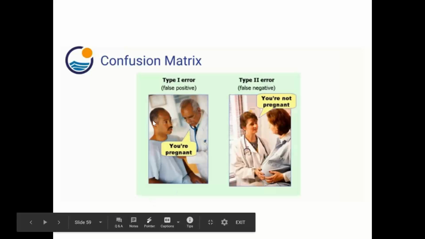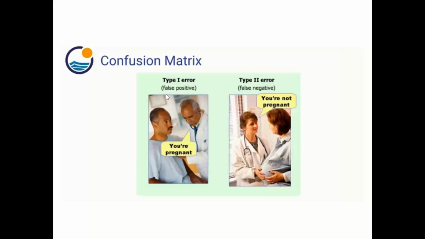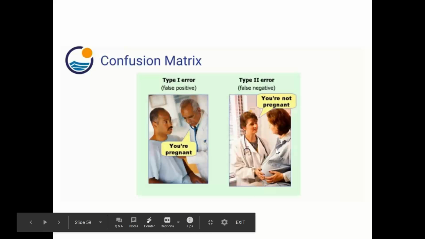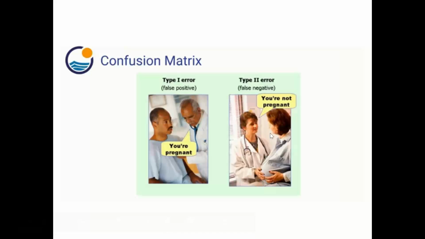So the result was given positive, but it was false. In the other case, the lady is pregnant, but the test came out that she is not pregnant. So the negative result that has come out is false. Maybe this example helps you remember the thing. Please go by this.